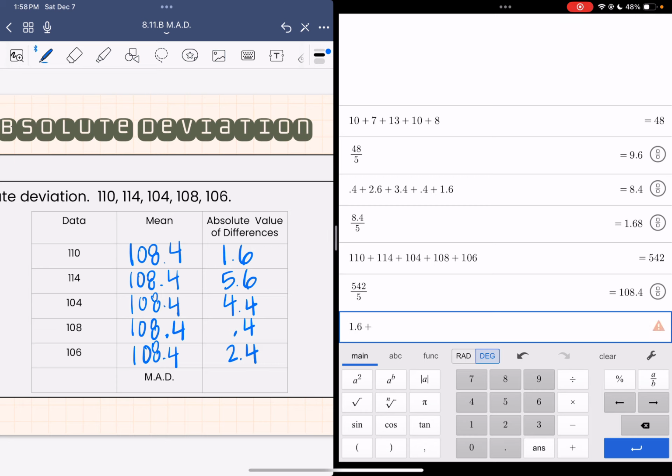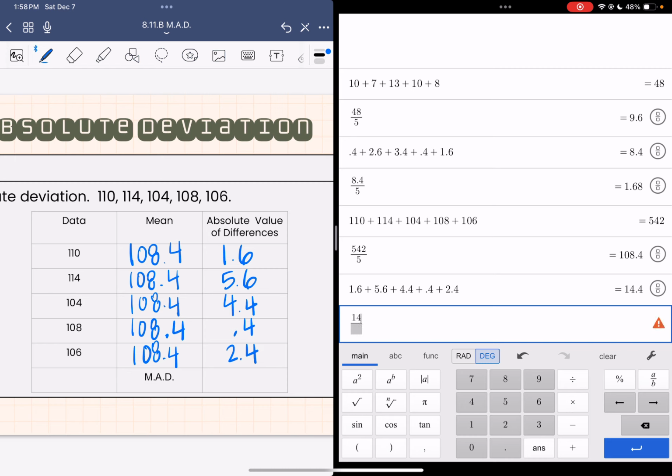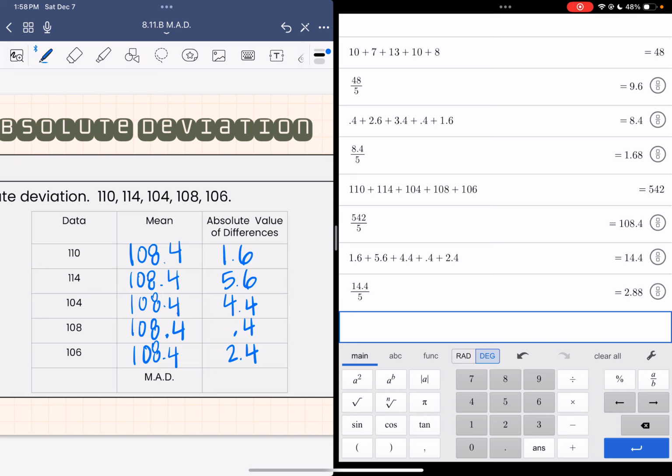I am showing you how to put these amounts in and find your mean using a calculator because I see kids always making mistakes on this. That's not my answer. I'm going to use this, and I'm going to divide it by 5. That is my mean absolute deviation.